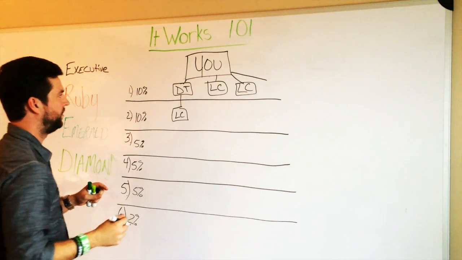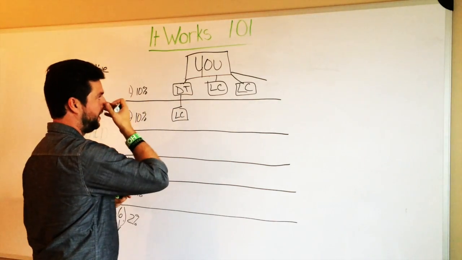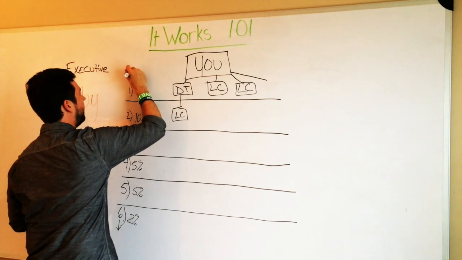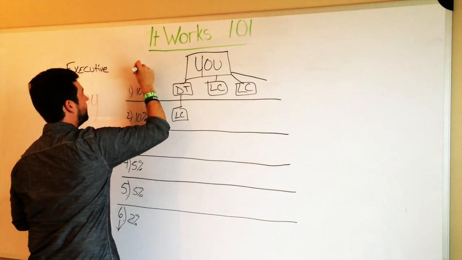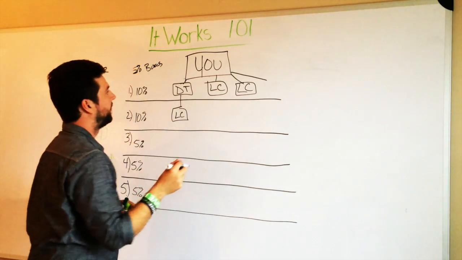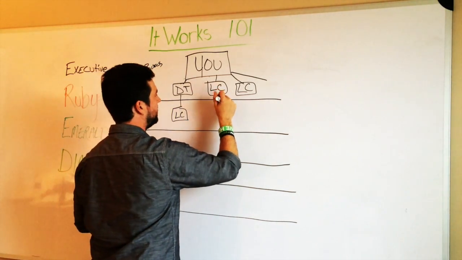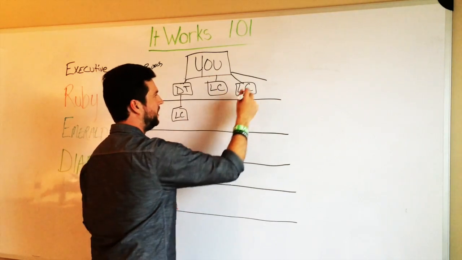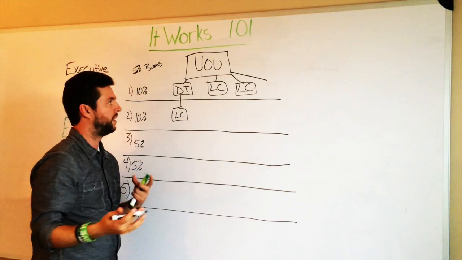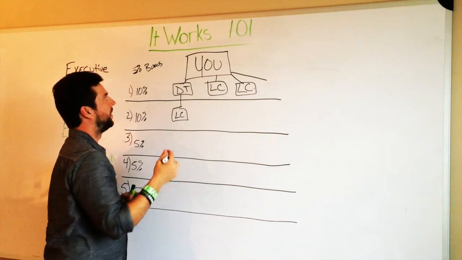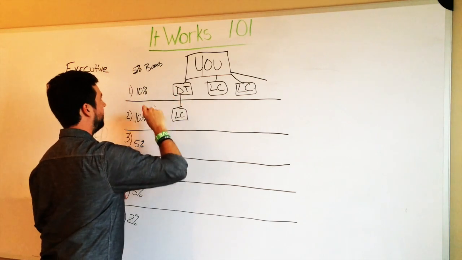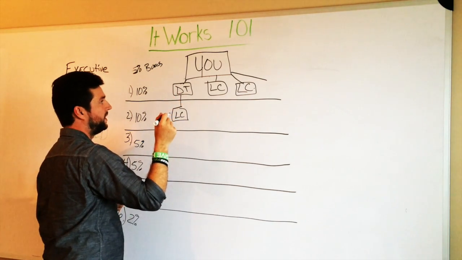So, this is how this would work as just a distributor. You get paid on your first two levels. And also, let me add in, if they are personally enrolled you get a 5% bonus. So, to make numbers easy, let's say this LC gets 100 BV, this LC gets 100 BV, this DT orders 100 BV. So, you get the 10% on this level, and plus you enrolled them all, so you get an extra 5%.